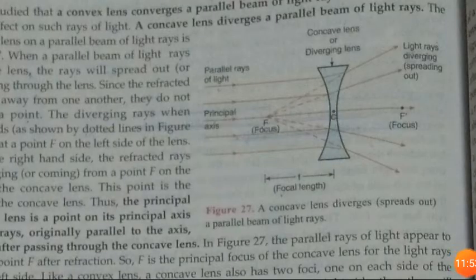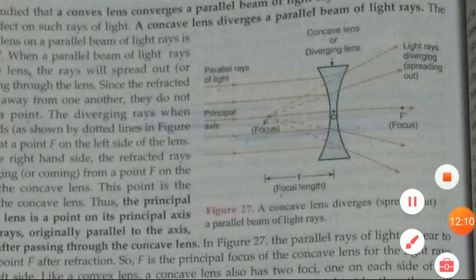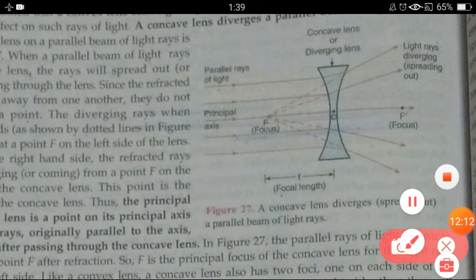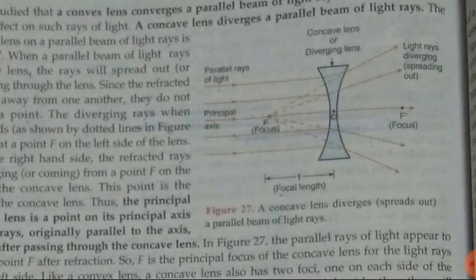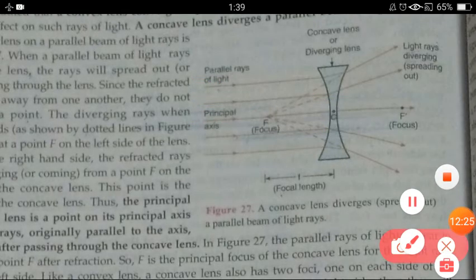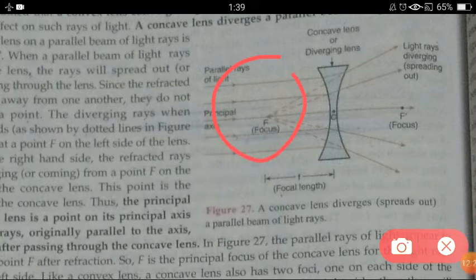Now let's try to understand the focus of concave lens. Then you will understand why I said that convex lens is having real focus. So in case of concave lens, what happens when the light rays are incident on the concave lens? So here we are having the optical center and this one is our principal axis. So when the light rays are parallel to principal axis, my lines are not exactly parallel, but here you can see that these are the parallel lines, parallel to principal axis.